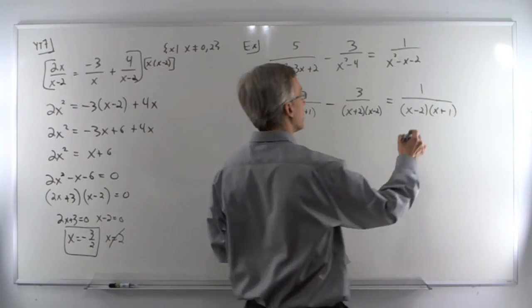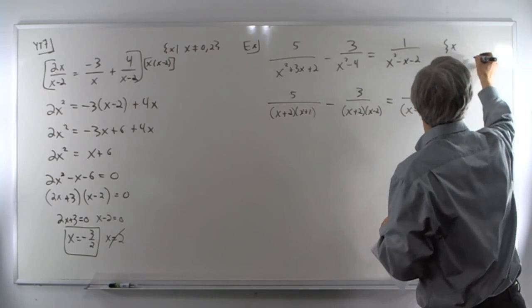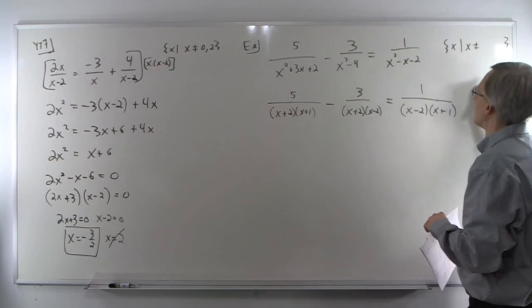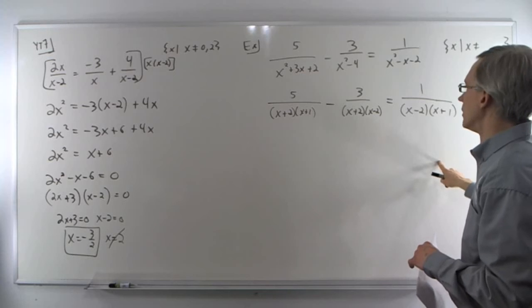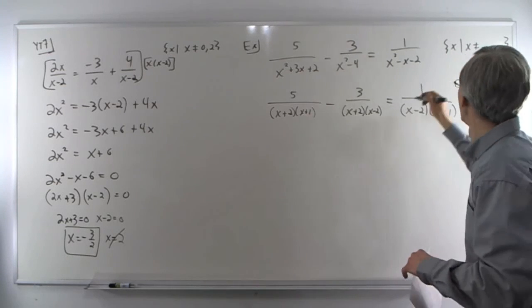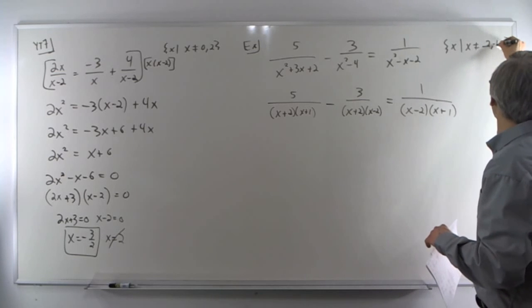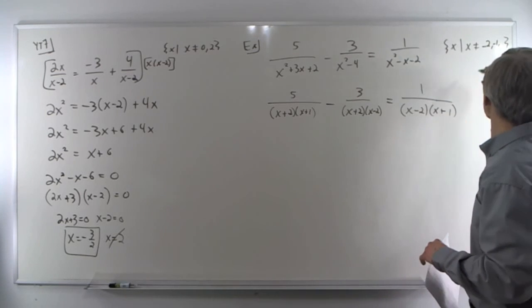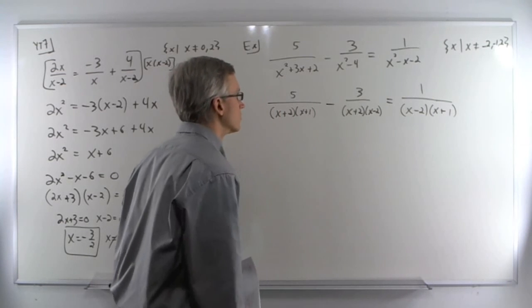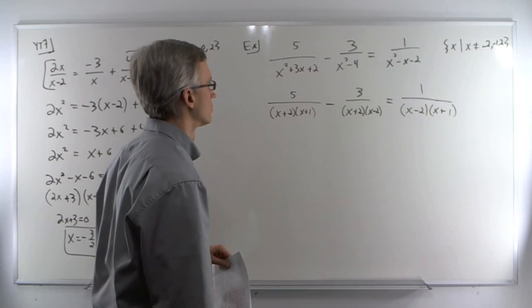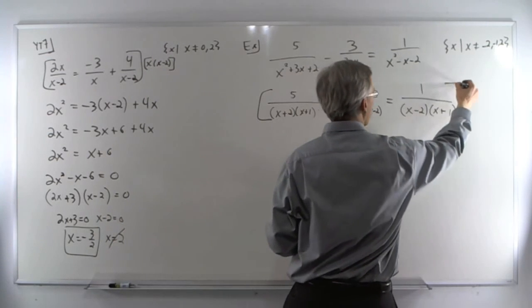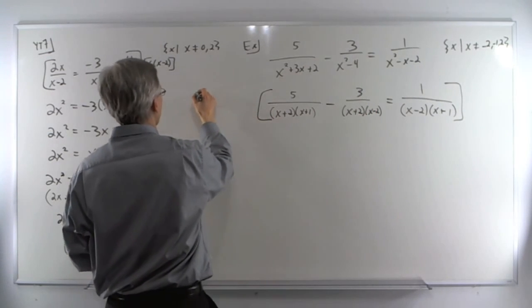So domain, got negative 2 here, negative 1, and positive 2. All right, so now we're going to multiply it by all the unique factors. We got 3 of them now.